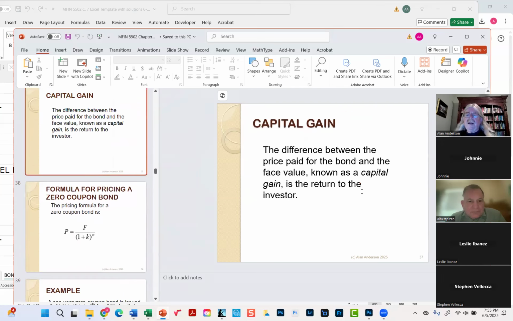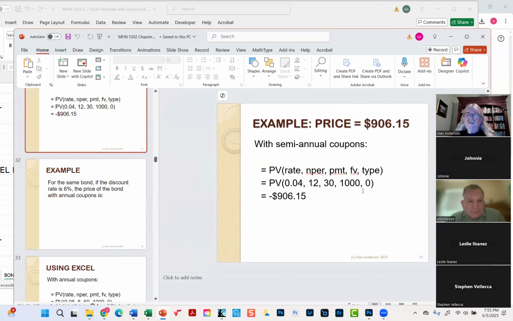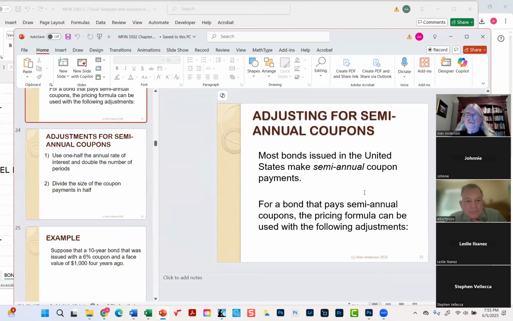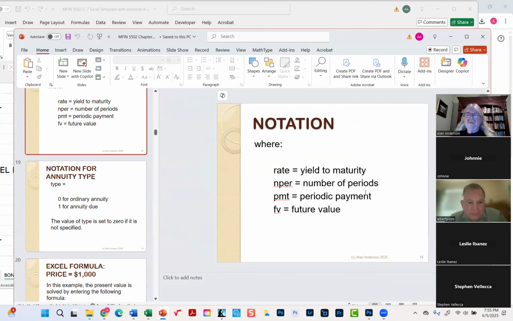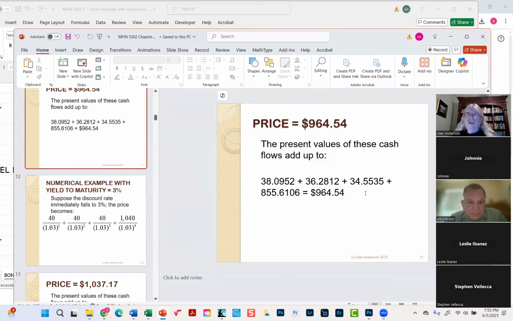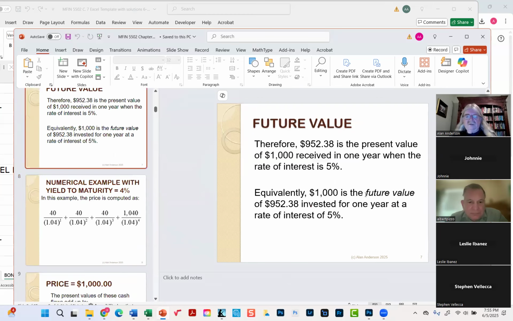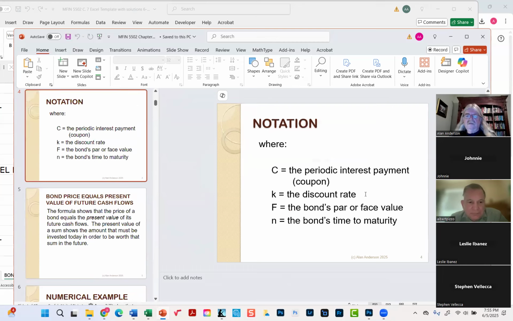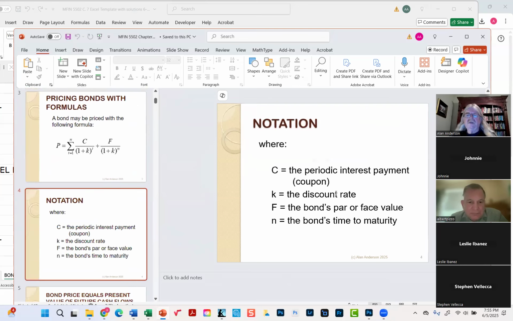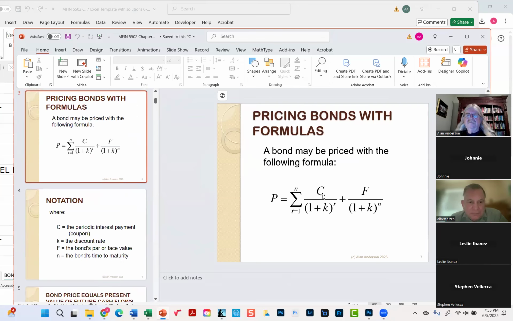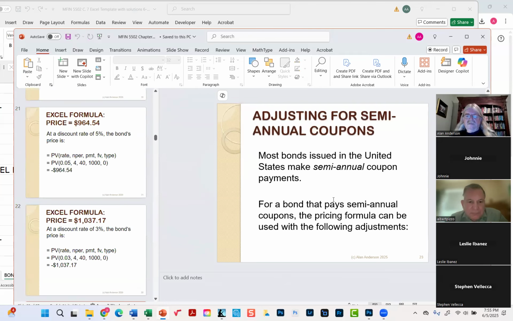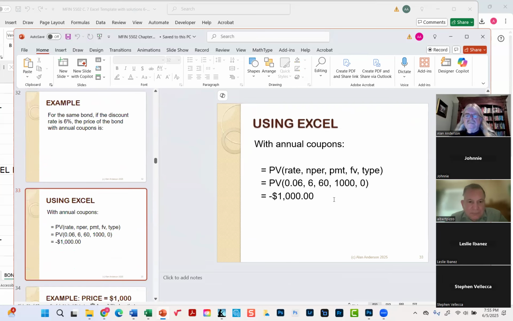So the zero coupon bond, if you remember, the price for any bond, let's go back to the beginning here. We went through and calculated all these present values. Yeah, here it is. I just want you to see these side by side, so we can see the difference.